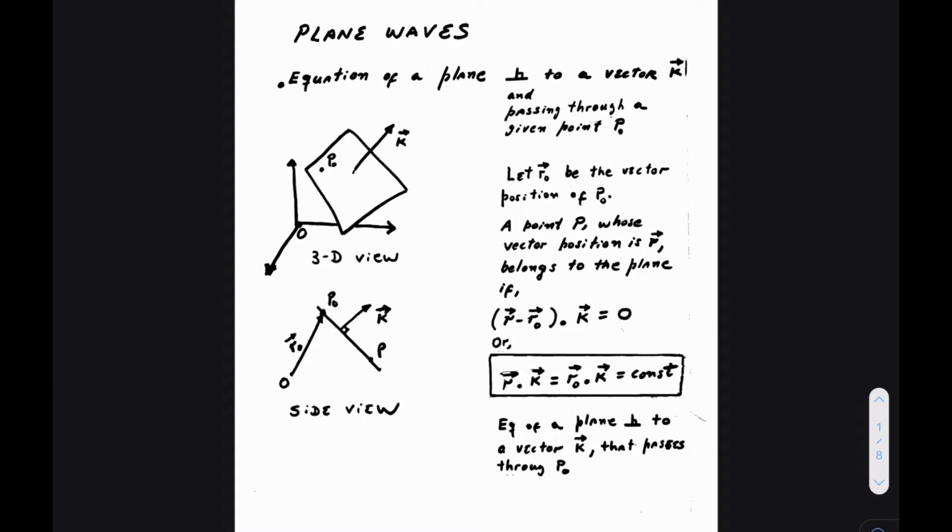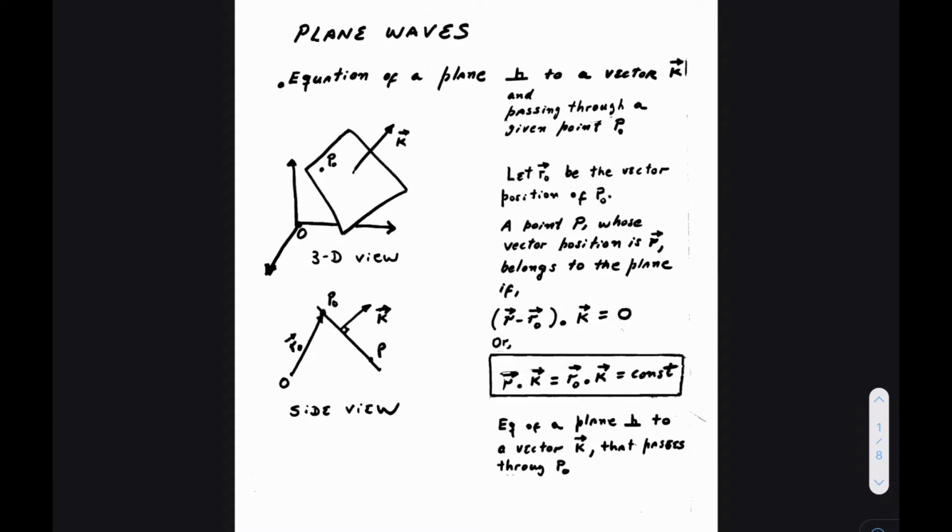This is the vector k and this is a given point P0. We want to find a plane that is perpendicular to this vector k and passes through this point P0. So this is the plane that we are talking about.